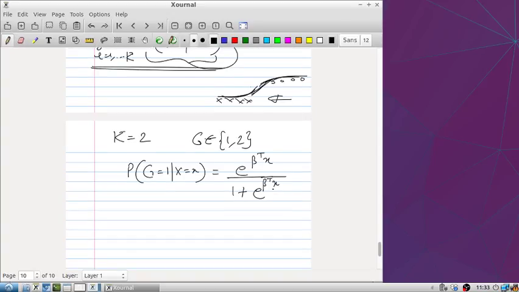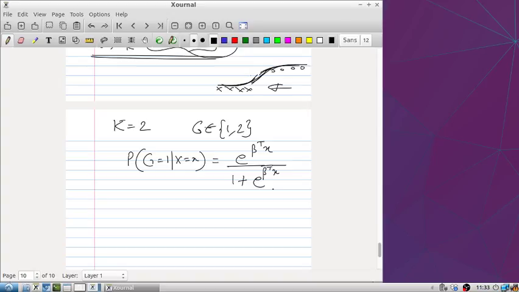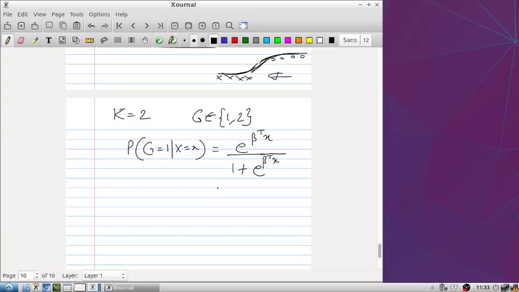The summation and subscripts all vanish, so you just have this. The probability of one of the classes is this. The probability of the other class is just 1 minus this, because for any given x, the probability of G equal to 1 given x plus the probability of G equal to 2 given x should sum to 1. So let's not worry about the other class.